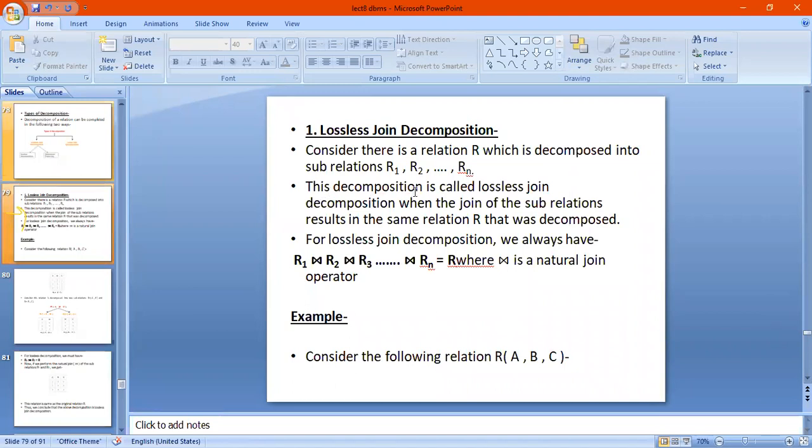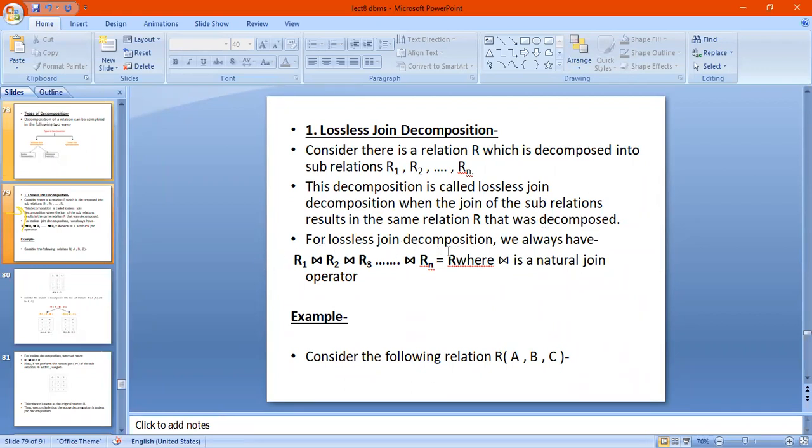This decomposition is called lossless join decomposition when the join of the sub-relations results in the same relation R that was decomposed.